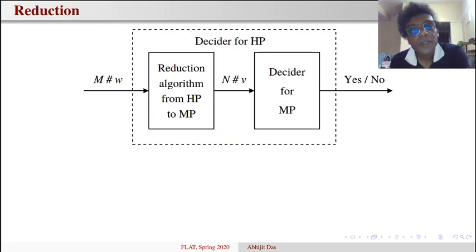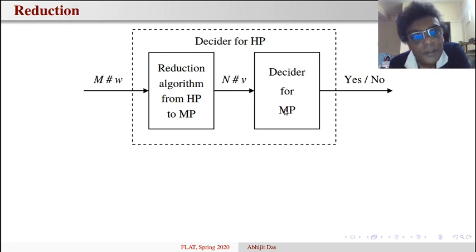Now I will show an alternative way of proving the membership problem to be non-recursive. This is by using what is called reduction. So we will do what we technically call a reduction from the halting problem to the membership problem.